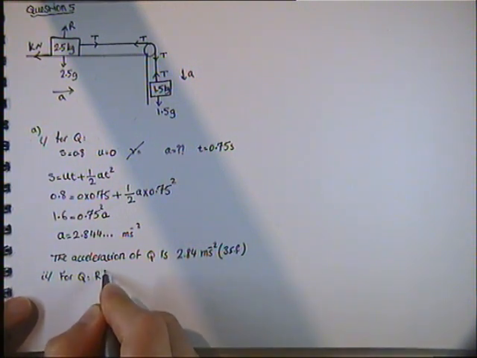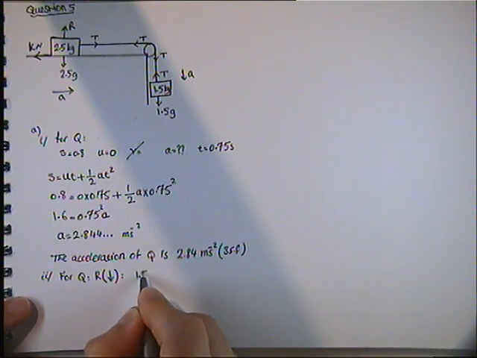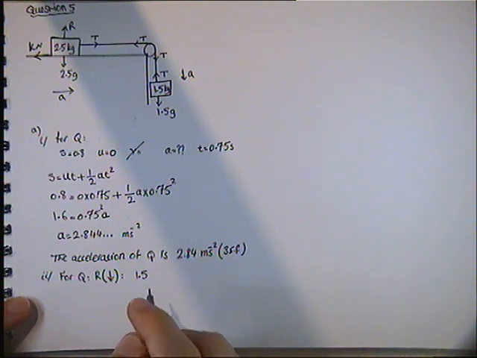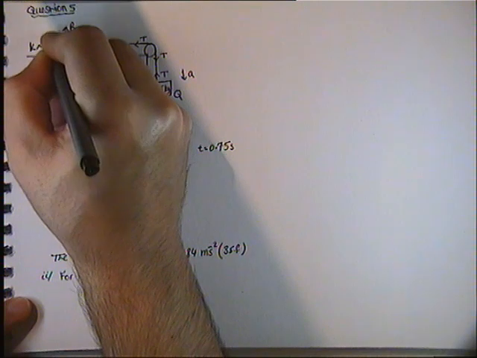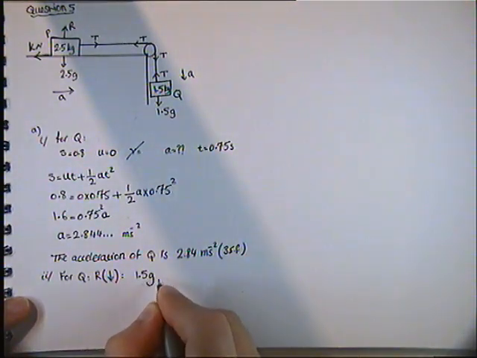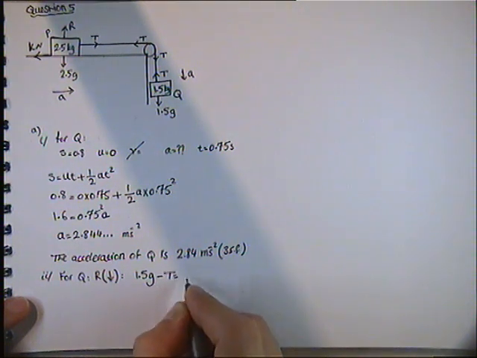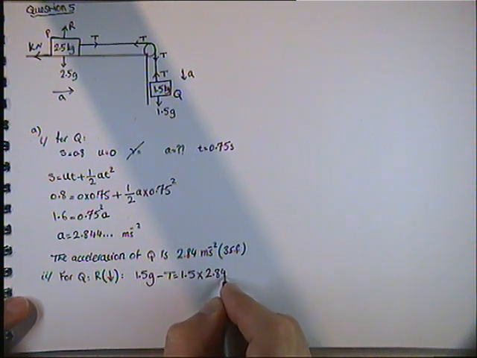So downward is positive, therefore 1.5 G minus T is equal to mass times acceleration. Acceleration is 2.84. Okay, so this is Q, this is P. I haven't labeled them.